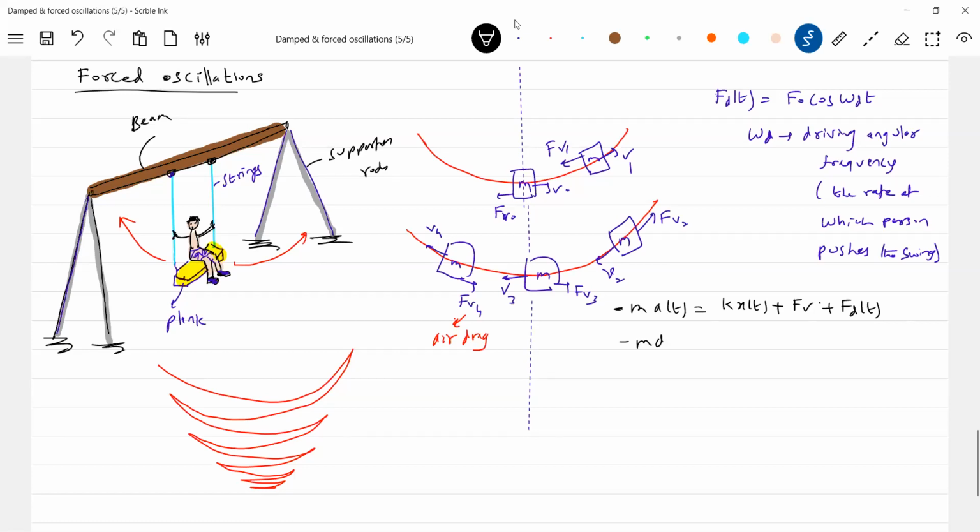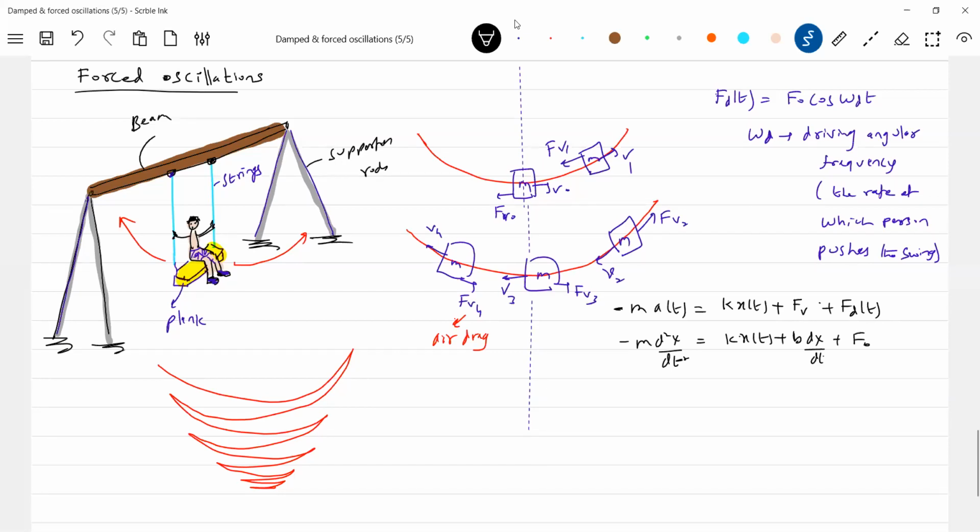So m d²x/dt² equals minus k x(t) minus b dx/dt plus F naught cos omega_d t. The b dx/dt term is the viscous drag or damping force, and there's a driving force.